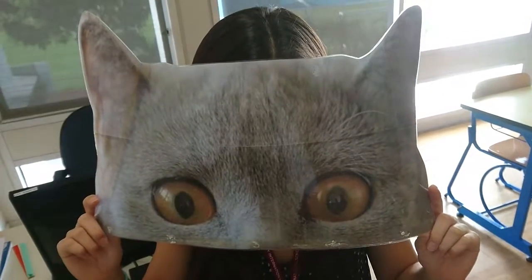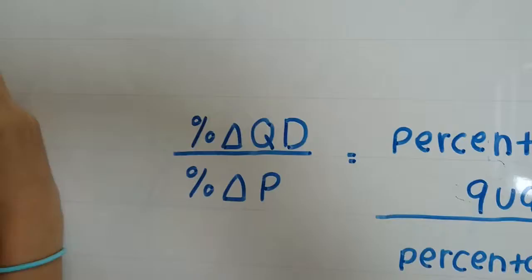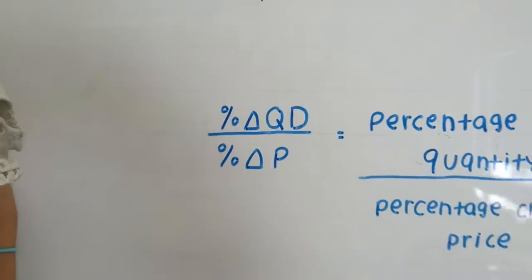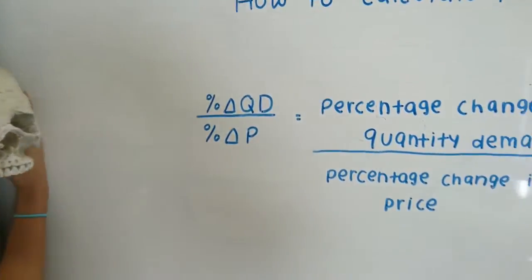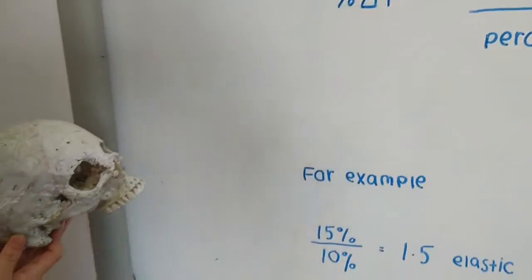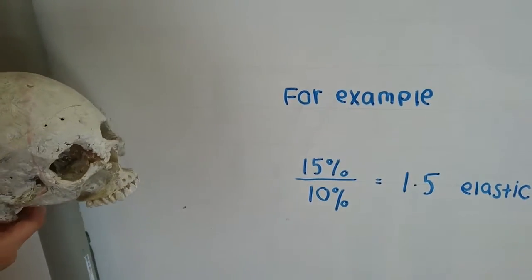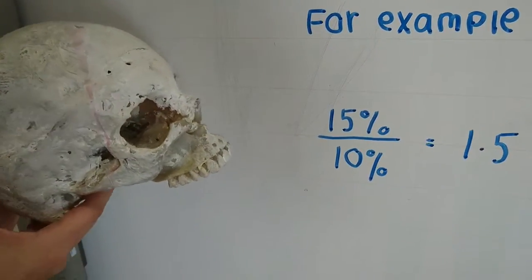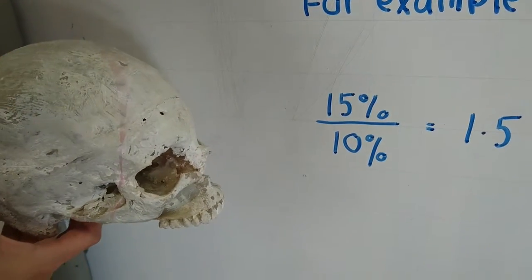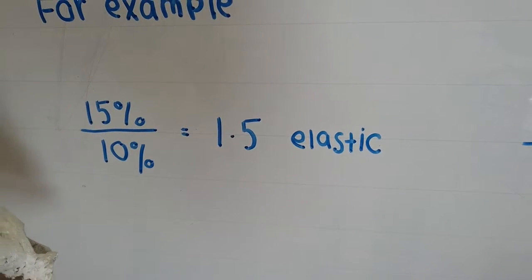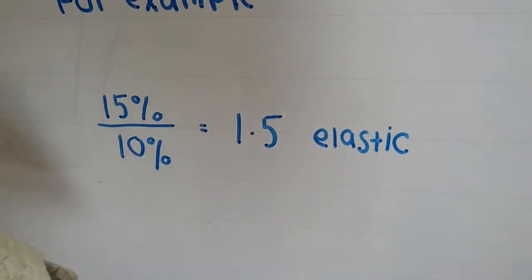How do you calculate PED? Well, you use the change in quantity demanded divided by the change in price, as shown here. For example, 15% change in quantity demanded divided by 10% change in price equals 1.5, which is elastic.